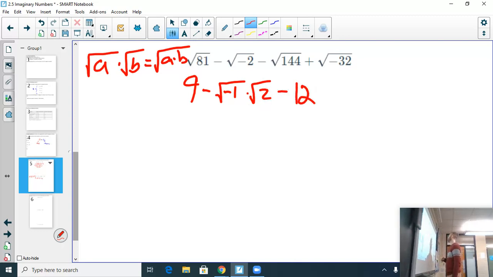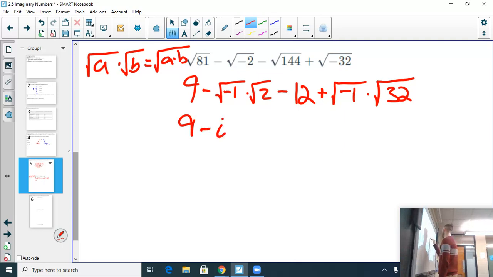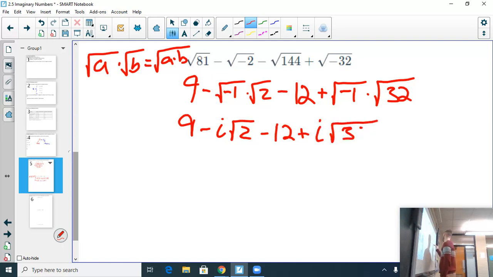We know that one. And then plus, again, we could split this up into the square root of -1 times the square root of 32. So there's kind of a lot going on, but nothing we haven't done. 9 minus i times the square root of 2, minus 12 plus i square root of 32.